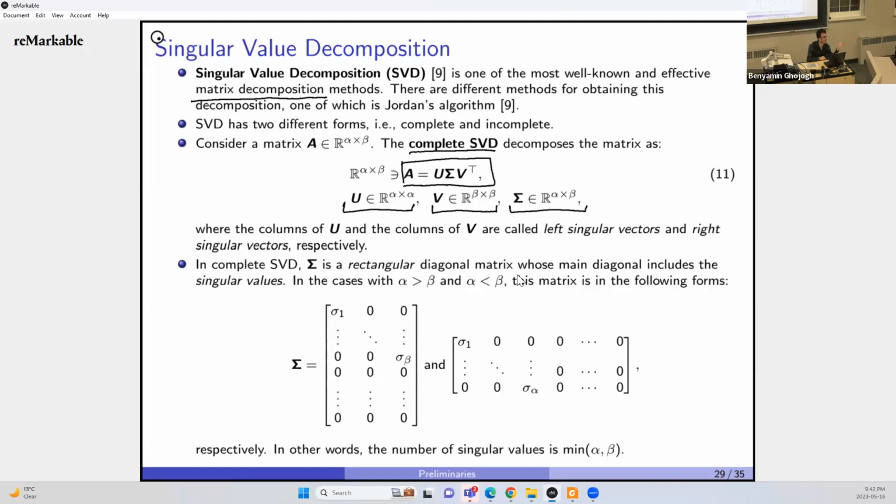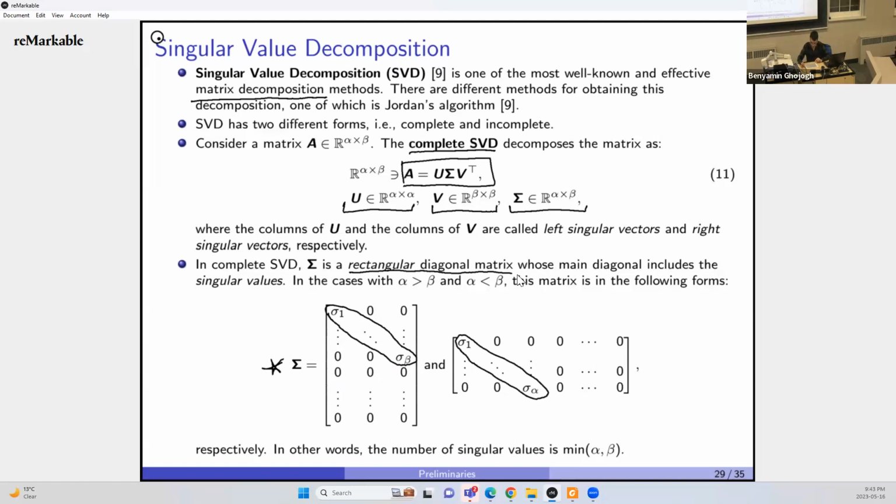I have complete SVD and incomplete SVD. As you see, sigma is a rectangular diagonal matrix. I mean this: we have diagonal elements and the rest is zero. Or this, depending on whether alpha is greater than beta or less than beta. You understand it?